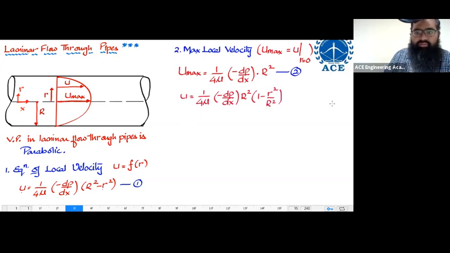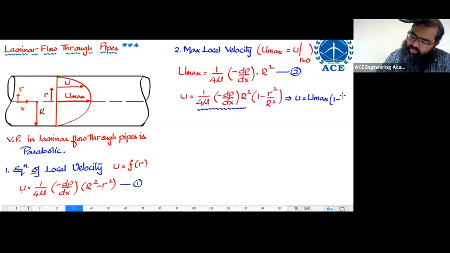Now please observe, what is this portion? 1 by 4 mu minus dp by dx multiplied by capital R square is u maximum. So I can imply u is equal to u maximum into 1 minus r square upon capital R square. This is one more way of representing your local velocity.